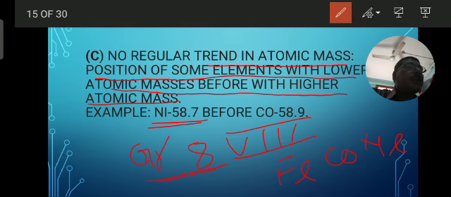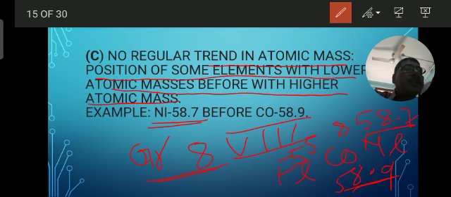Three elements. Iron has an atomic mass of 55.8. Cobalt has 58.9 and nickel has 58.7. So 58.7 is the atomic mass of nickel and 58.9 is the atomic mass of cobalt. But cobalt has the higher atomic mass, and still he has kept cobalt first and nickel later on.